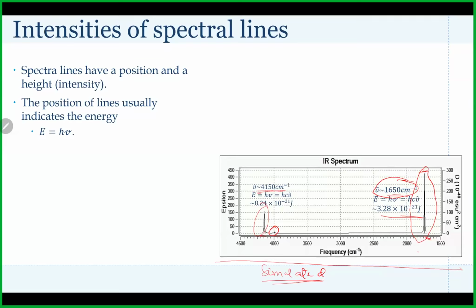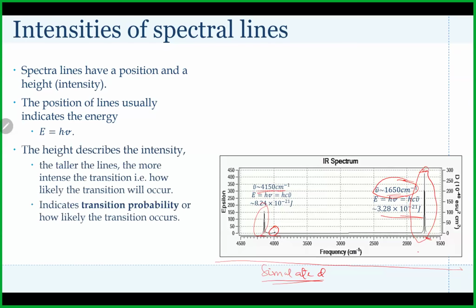Remember, energy levels, energy states, are the allowed energies that the molecules can have, and it came from theoretical studies, from quantum theory. Now, the height, that is how tall the lines are, tells us how intense that interaction is, how intensely that molecule absorbs that energy.